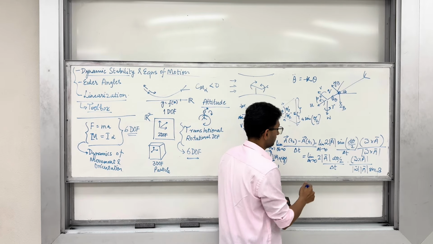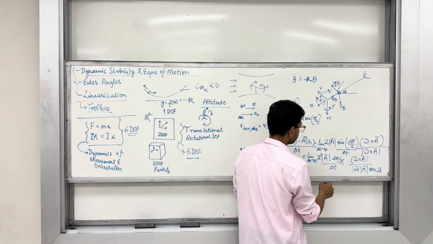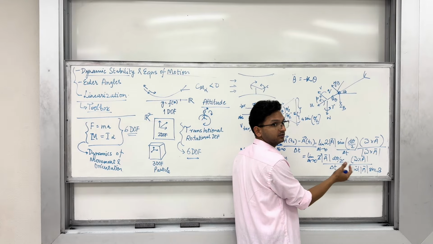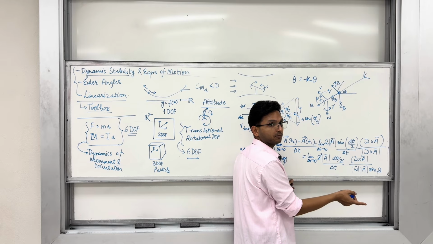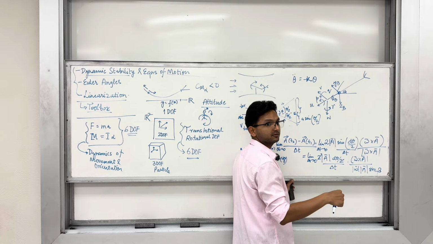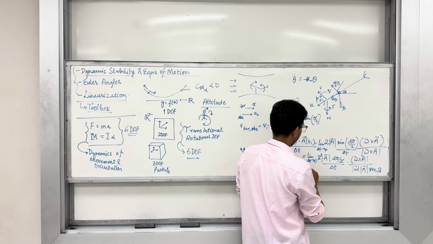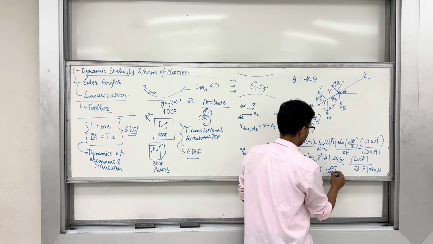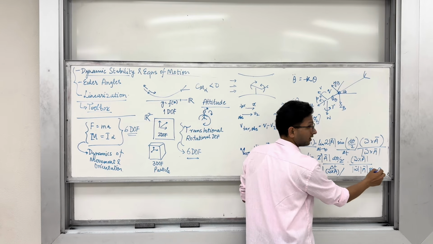So, now what happens? You go ahead and cancel this, and the only thing that matters is d theta by delta t, which is change in angle divided by change in time, which is what? The magnitude of angular velocity. So, you get magnitude of angular velocity, magnitude of a times sin beta.